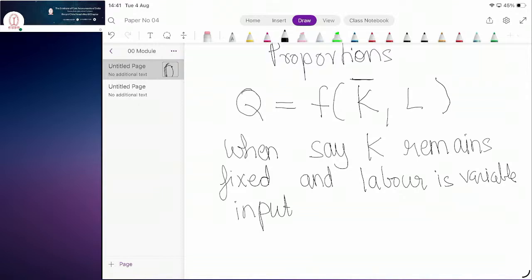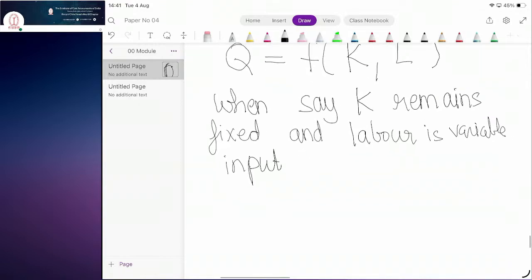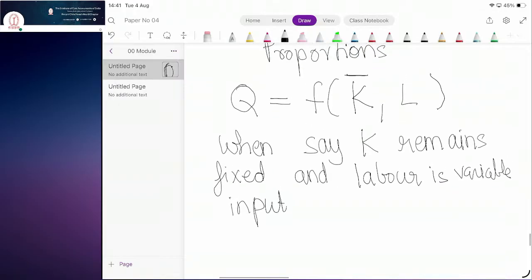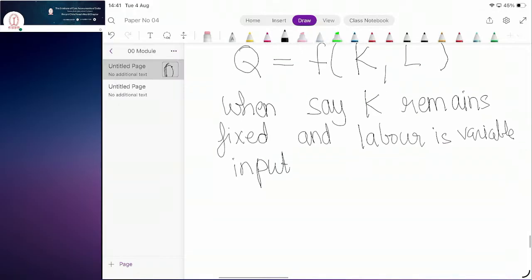Now what the law of variable proportions says is that, suppose capital is fixed and we keep increasing labor input. In the production function, capital is remaining fixed and labor is increasing.